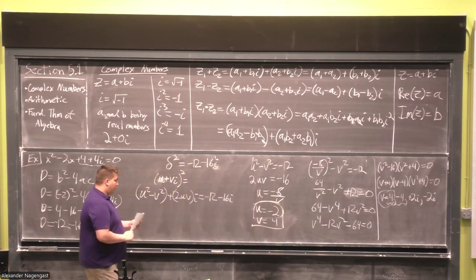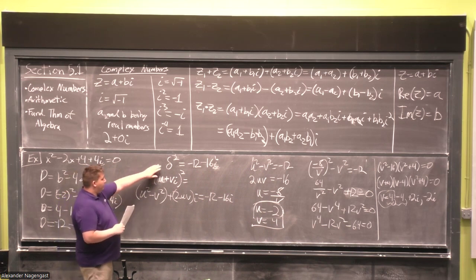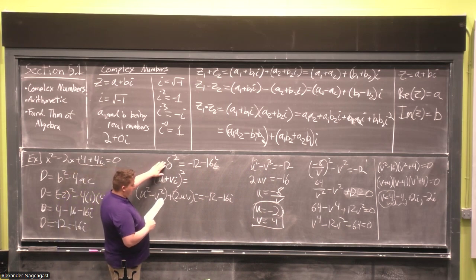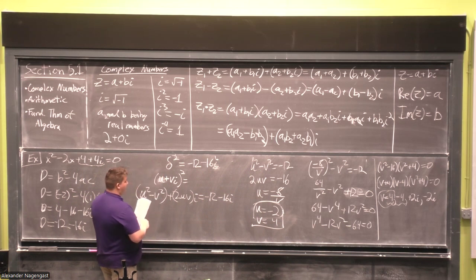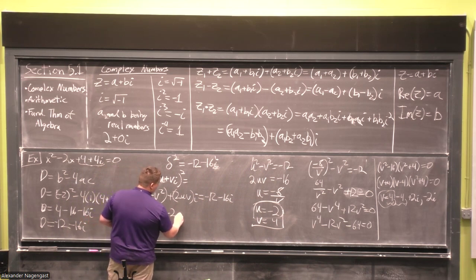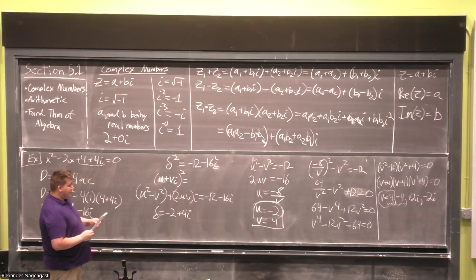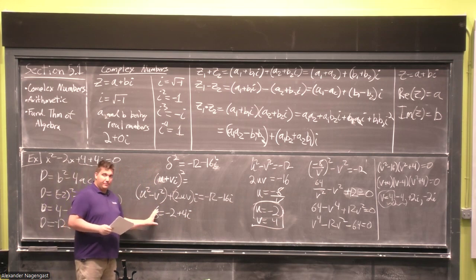So what this does is when we plug this into the delta, we now have that our delta is equal to negative 2 plus 4i. And this is now our discriminant.